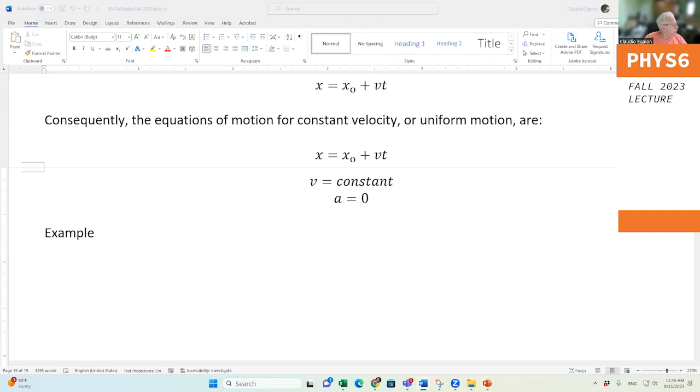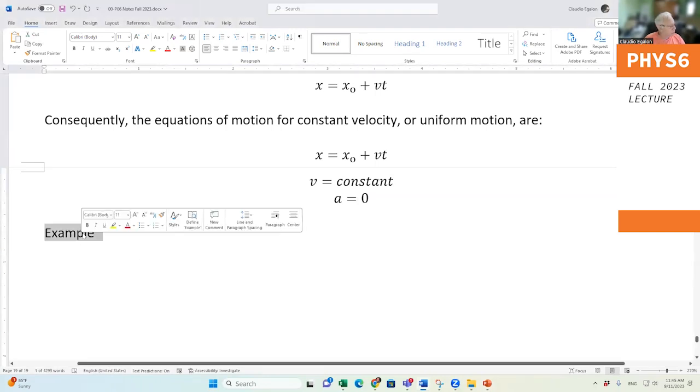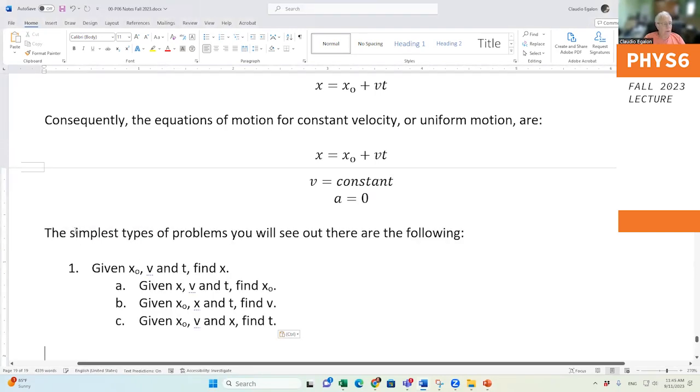Let me copy and paste something here. Okay, instead of doing an example, here I'm going to show you the simplest problems that you're going to see for this type of motion are the following.